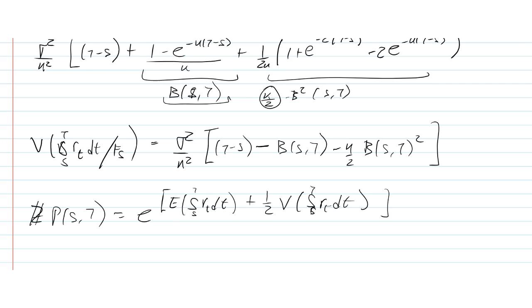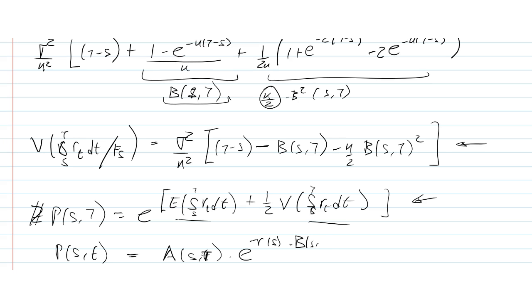So we got the expectation and we got the variance. Now if you just substitute this in here, you will get, in a couple of lines, the A that you see in textbooks. It's actually e to the minus r s, and the B term s to t. Just substitute with the variance that we got and the expectation that we got.